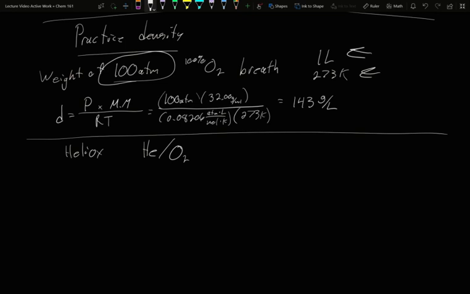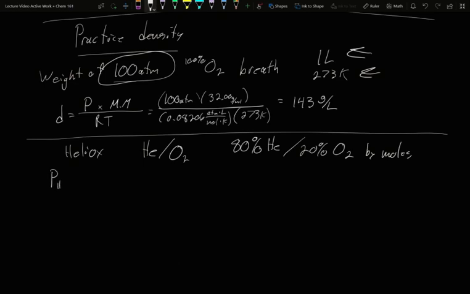We replace some of the oxygen molecules with helium, which weighs significantly less. And so in this case, let's look at a mixture that is 80% helium, 20% O2 by moles.